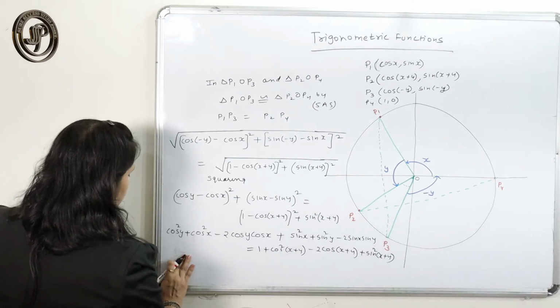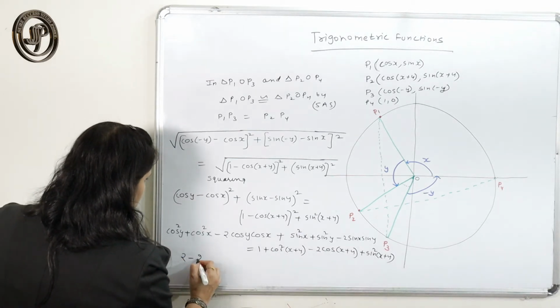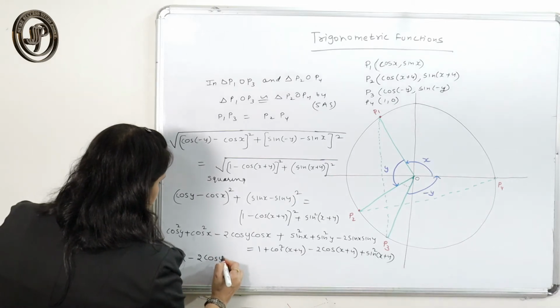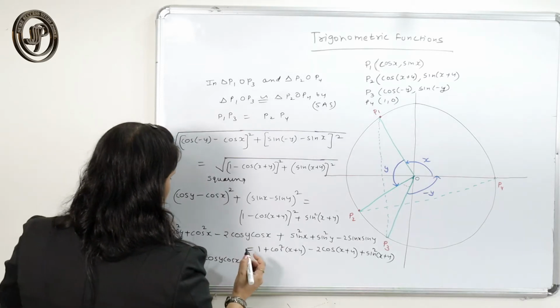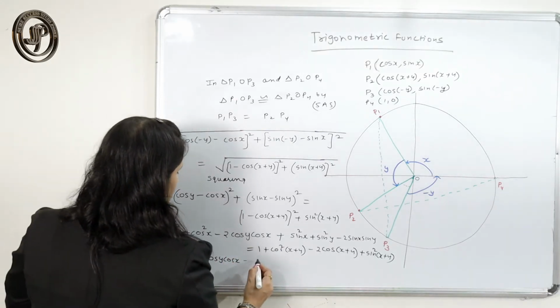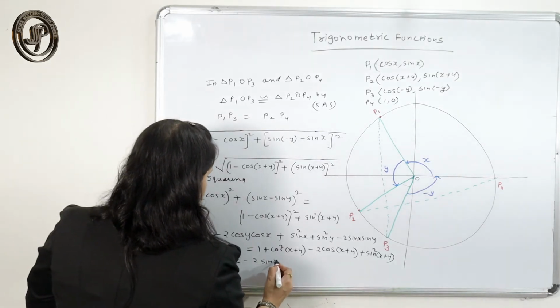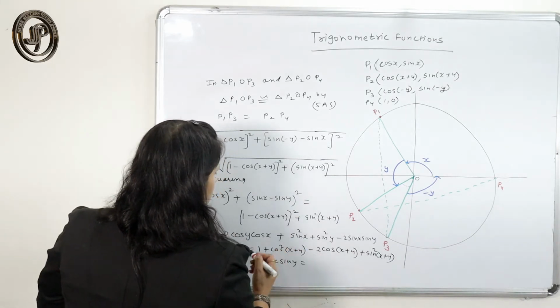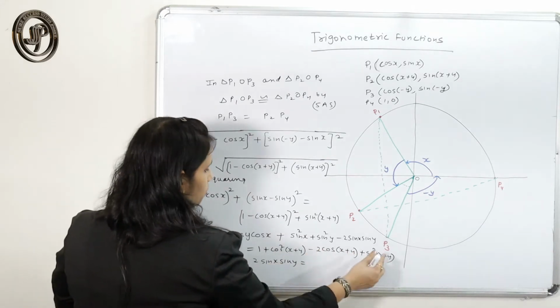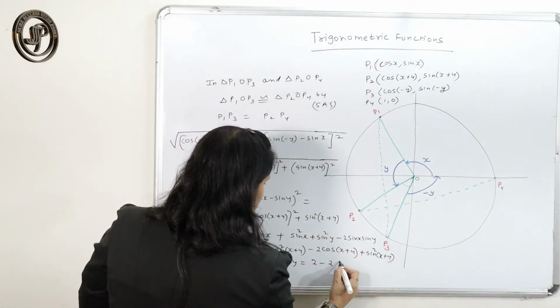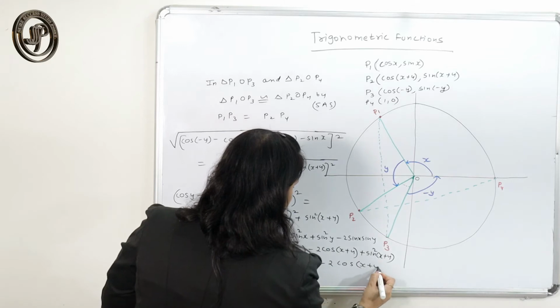So 1 and 1 becomes 2, minus 2 cos y cos x, and minus 2 sin x sin y is equal to, here this becomes 1 since sin square theta plus cos square theta is 1. So here also 2 minus 2 cos x plus y.